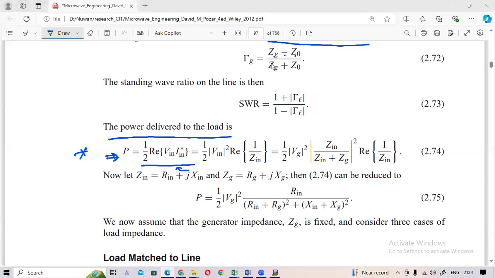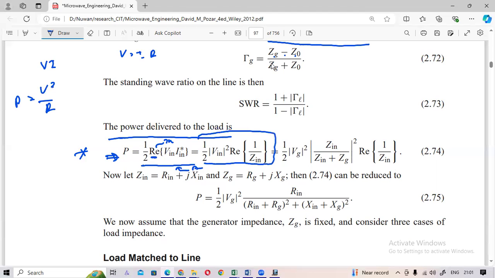RE means the real part, so you are considering the average power, that is half. You know that power can also be written as VI. Then using V equal to IR, you can write V squared divided by R. This is the power. In this way it is written like this.